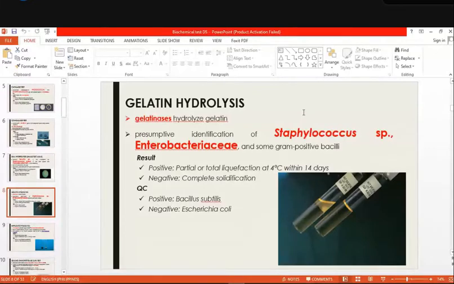Why? Because we would like to check later whether the liquefaction of our nutrient gelatin agar was brought about by the presence of the organism with the enzyme gelatinase. Gelatin can liquefy even without an organism, so you would get false results.